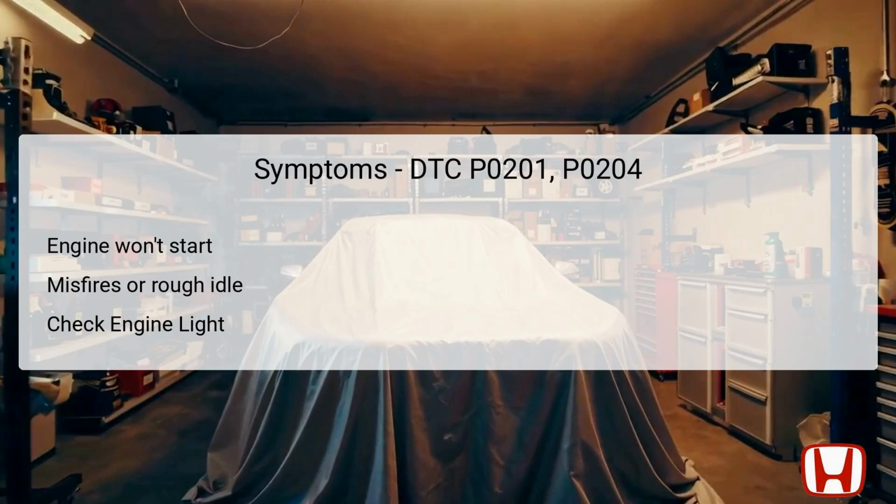Furthermore, if the engine does start, it may exhibit misfiring or a rough idle, indicating that the fuel delivery to one or more cylinders is compromised. Often, the check engine light will illuminate on the dashboard, alerting the driver to a fault. These symptoms can significantly impact drivability and should be addressed promptly to avoid further complications.